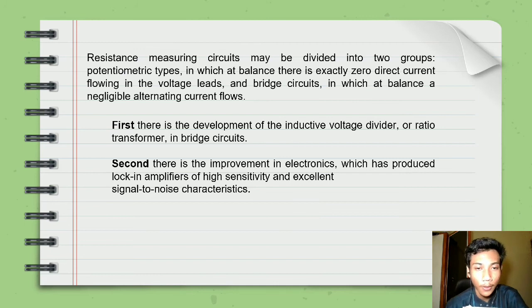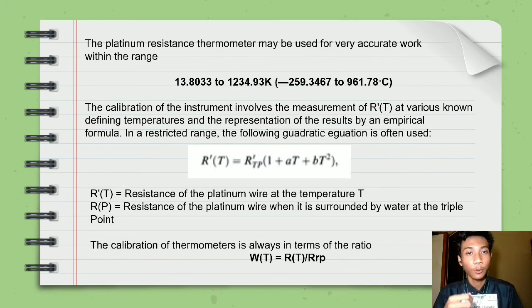First, there is the development of the inductive voltage divider or ratio transformer in bridge circuits. Second, there is the improvement in electronics, which has produced lock-in amplifiers of high sensitivity and excellent signal to noise characteristics. The platinum resistance thermometer may be used for very accurate work within the range.